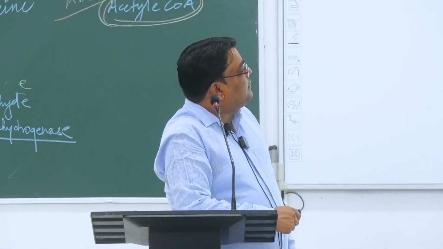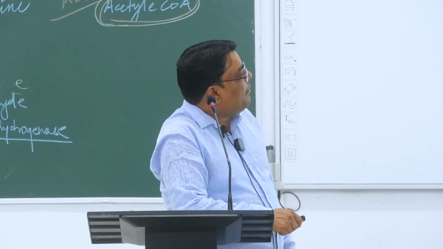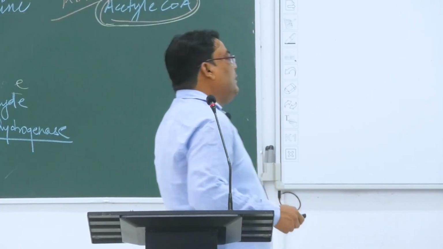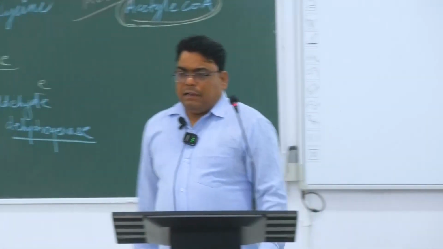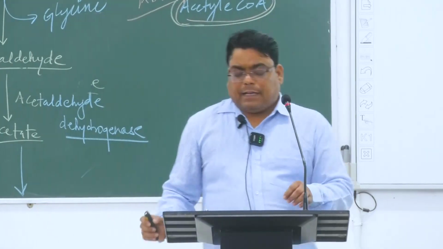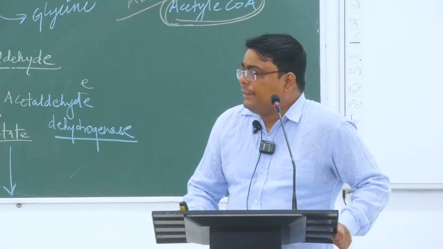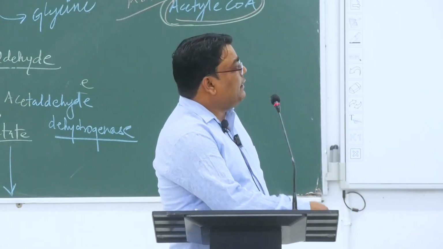And now polyamines. Biological amines made up of multiple amino groups are called polyamines. They are putrescine, spermidine, and spermine. So all these are polyamines. These questions may be asked in your exam, sometimes, not always. That is also an important thing.